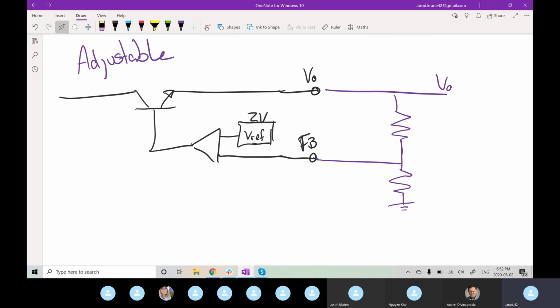So in an adjustable, we are not just stuck with, okay, we got a 9 to 5, we have to deal with it. We're now able to change these resistors ourselves, so that maybe we're able to achieve 6 volts, 5 volts, 4 volts. Most data sheets will give you a little table saying use these resistors to achieve this output voltage.